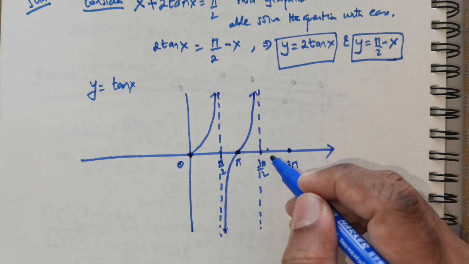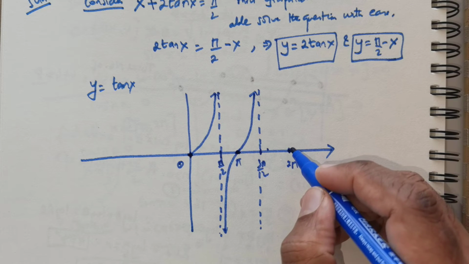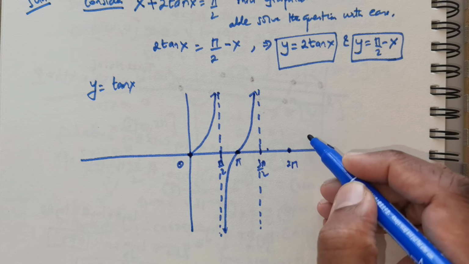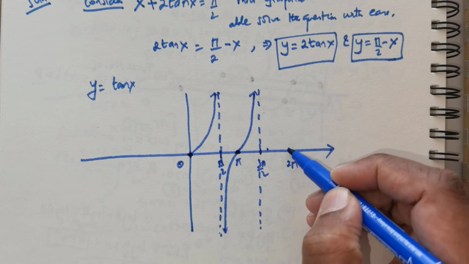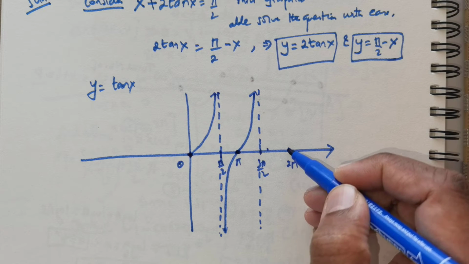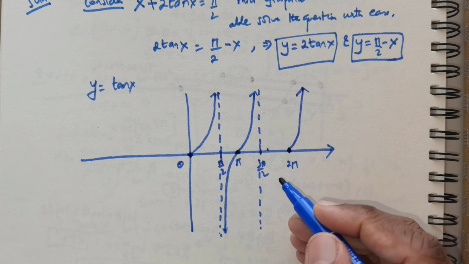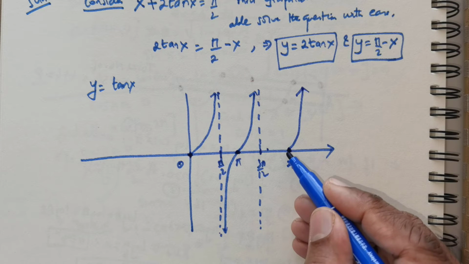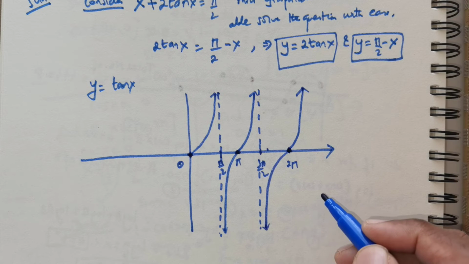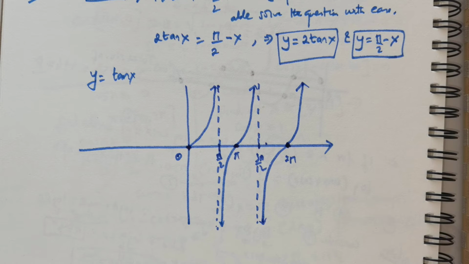Next, coming to the point 2 pi, we would have an asymptote there, but we don't need to exclusively place that. Clearly the graph is going to flow like this, and then flow down like this. So this is a beautiful graph for y = tan x.